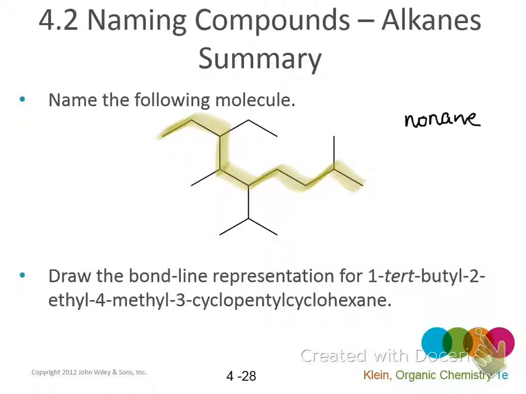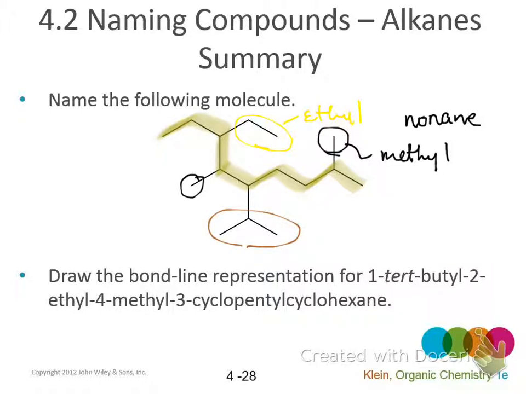And then I have substituents. That's a methyl. So I've got two methyl groups. Then I have an ethyl group. And then down below in the bottom, what do we call that? Isopropyl. Now, I'm going to get into the naming of these branch side chains. You can also name these different ways, and I'll show you that.